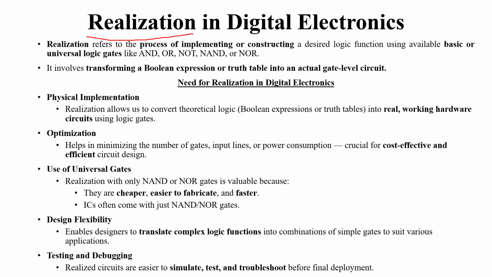Realization involves physical implementation, optimization, use of universal gates, design flexibility, and testing and debugging. In physical implementation, we have to create real world working hardware circuits using these gates. The next one is optimization.